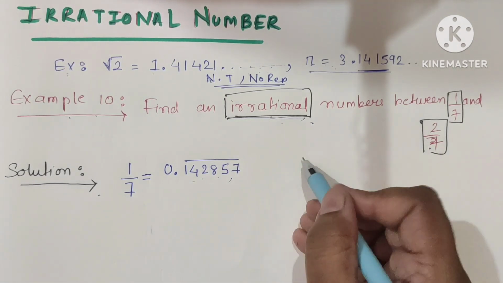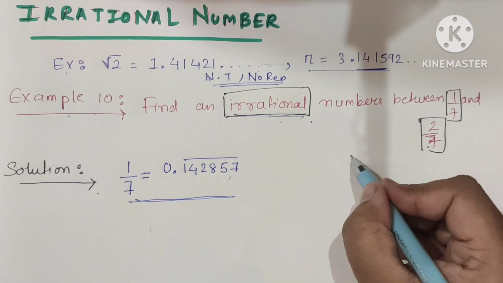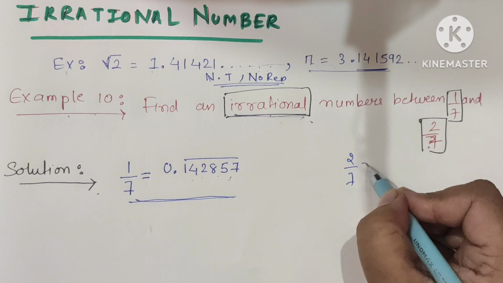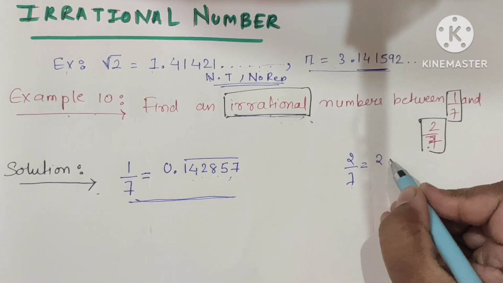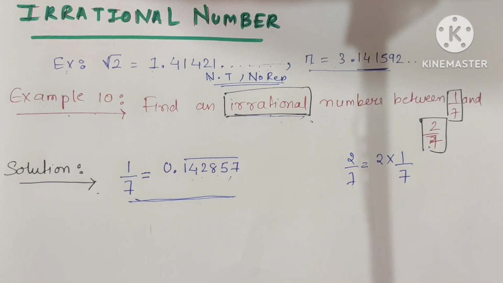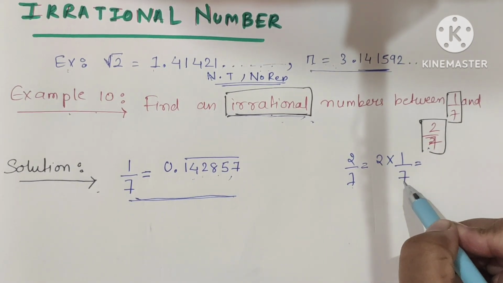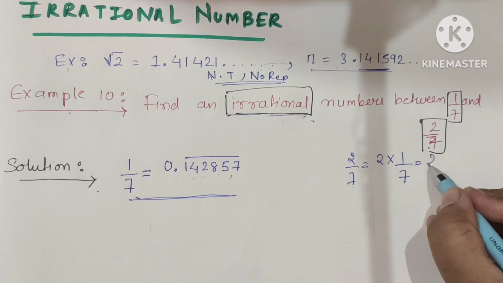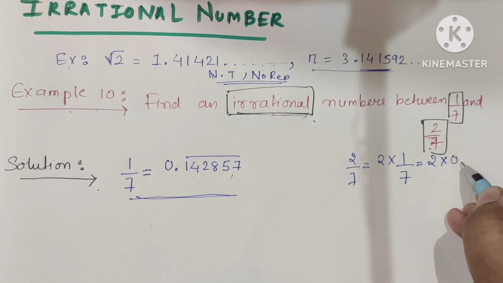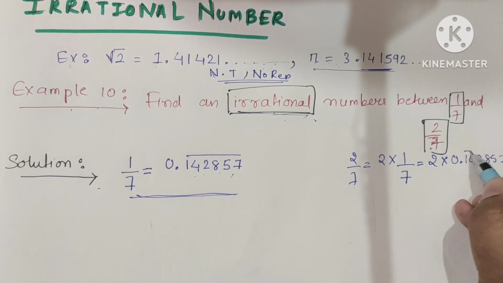Now this is the starting point, and the ending point is 2 by 7. What is this? This is nothing else but 2 multiplied by 1 upon 7, which is 2 multiplied by 0.142857.